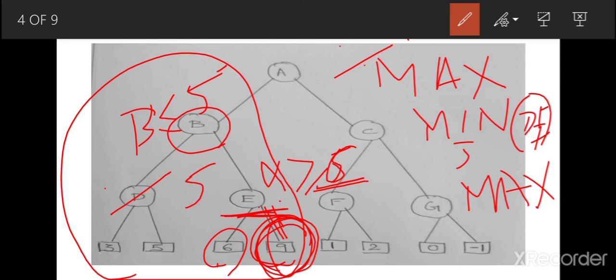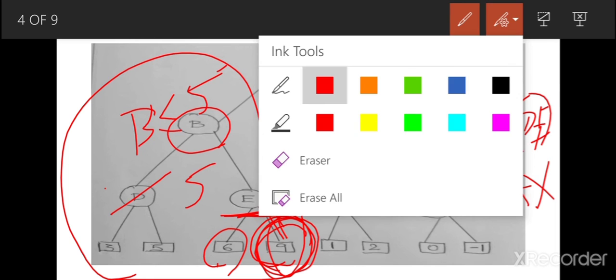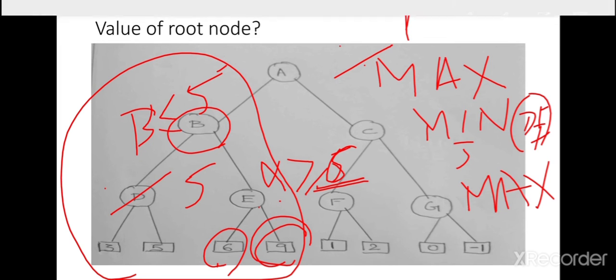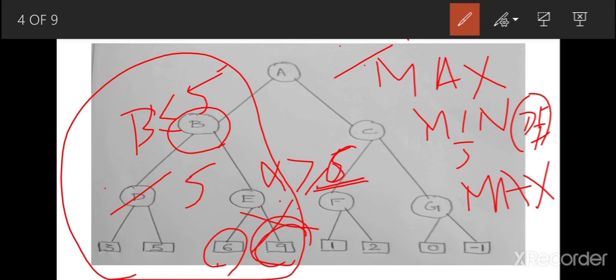If we are considering 9, there is no change for node B. If we are not considering 9, then also the value of node B will be 5. So hence we are not considering this node 9. We are pruning that value. We are not using this.